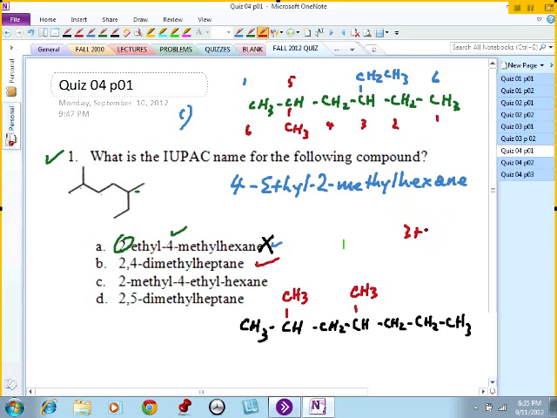If you add 3 and 5, that's 8. On the other hand, if we number the way we had it before, this was position number 2, and this was position number 4. So 2 plus 4 is 6. So you look for the lowest combination of numbers. So that is why we pick this one here. Okay, so we finish with question number 1.